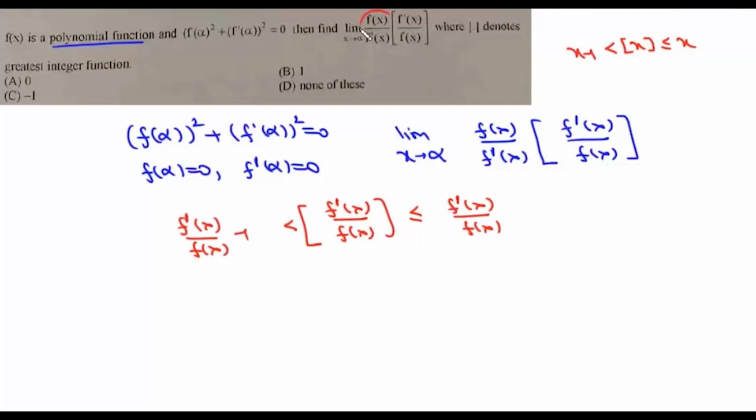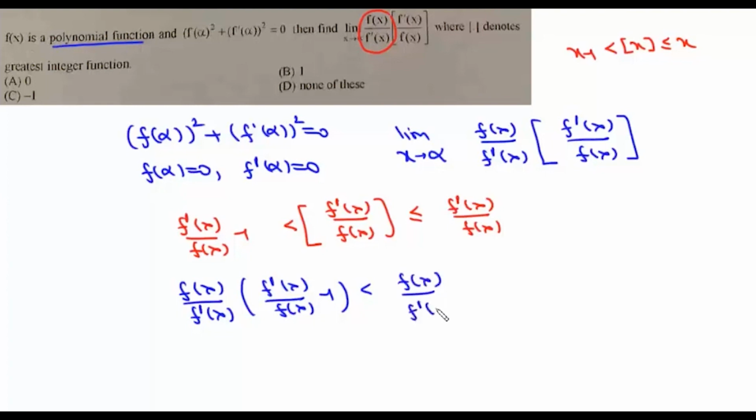Now we need to multiply it with f(x) upon f'(x). So if we multiply everything with f(x) upon f'(x), we can write this as f(x) upon f'(x) into f'(x) upon f(x) minus 1, it is less than f(x) upon f'(x) into the greatest integer function of f'(x) upon f(x), and less than or equal to f(x) upon f'(x) into f'(x) upon f(x).